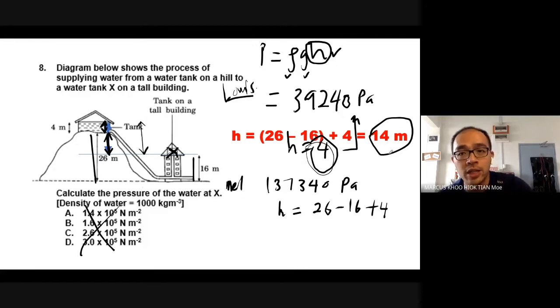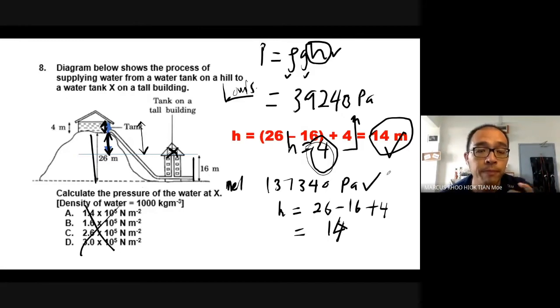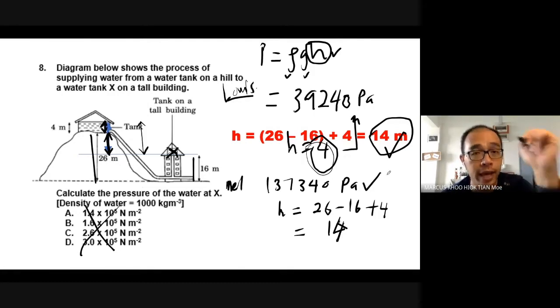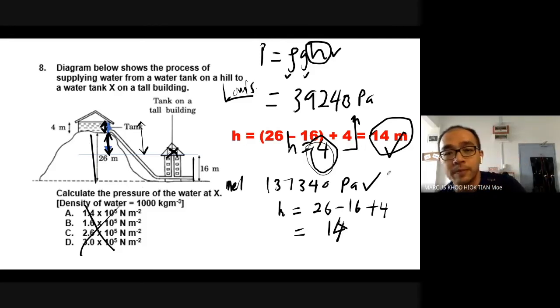So the H that we're using has to be 14. 26 minus 16 plus 4 is 14. Then when you substitute the 14 into the H, you will get this answer, 137340 Pascal. So be very careful with the H. The H is always the tricky part of this particular subtopic.